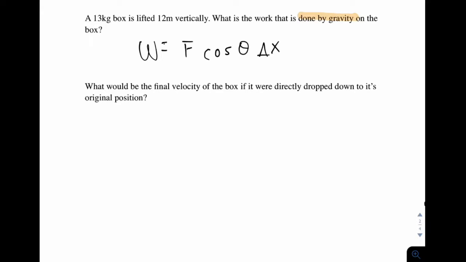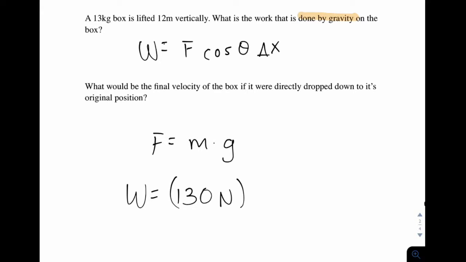And so in this case, what is the force that is acting? Well, that's the force of gravity. So force of gravity is equal to the mass times gravitational acceleration, which is 10 meters per second squared. And so the force is 130 newtons, right? We got that by doing 13 kilograms times 10 meters per second squared, which is 130 newtons.